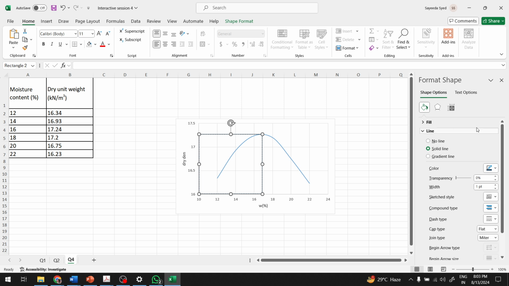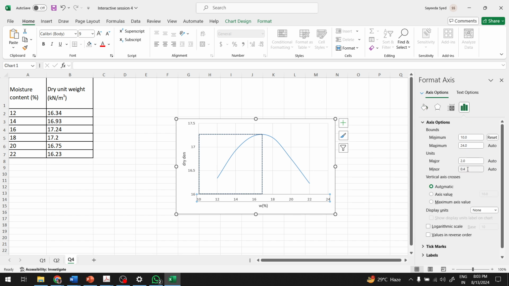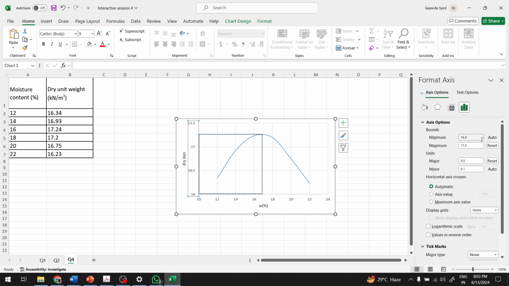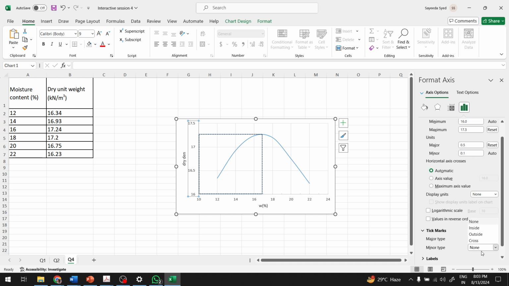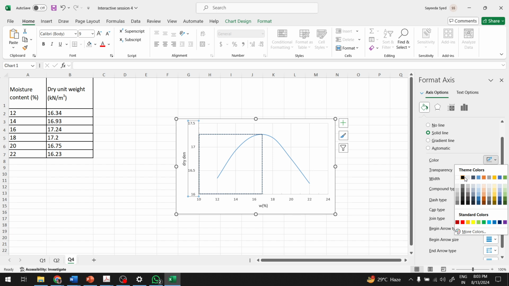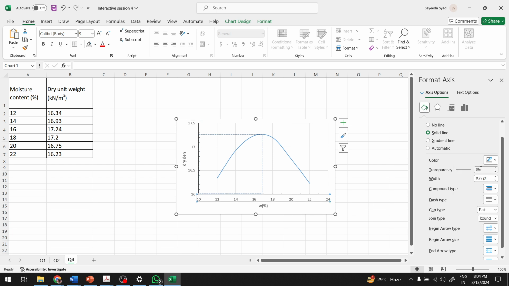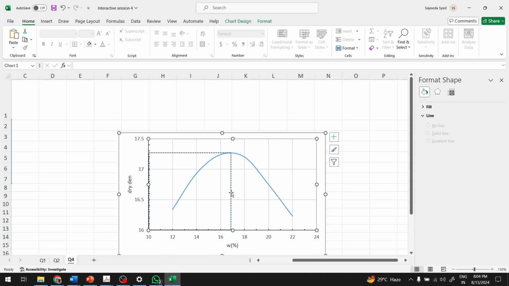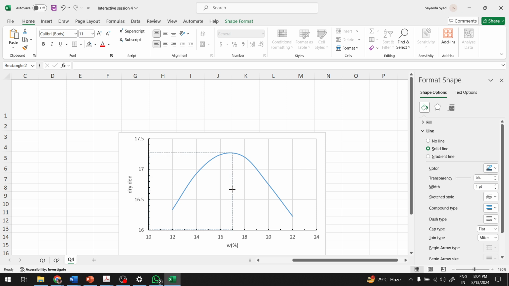Minor tick marks will be 0.1. Let's make them a little visible. Okay, so almost here.